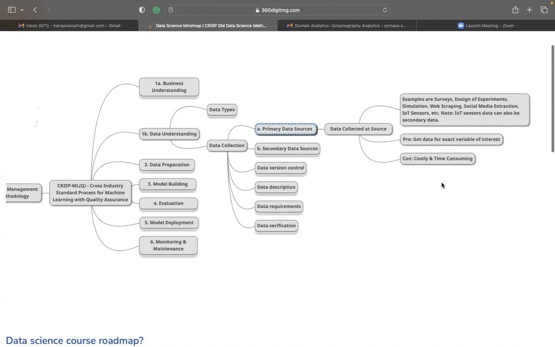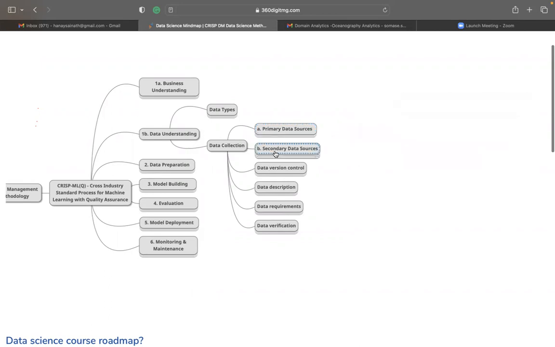Examples are, we can say, surveys, the design of experiments, web scraping, social media extraction, IoT sensors, etc. IoT sensor data can also be a secondary data source.